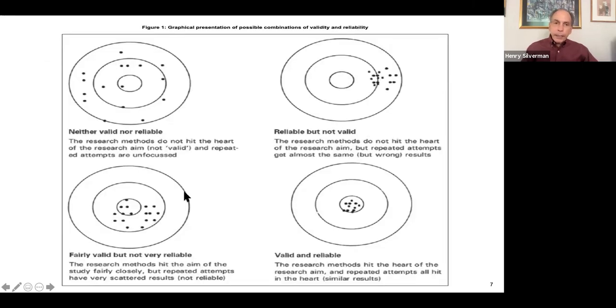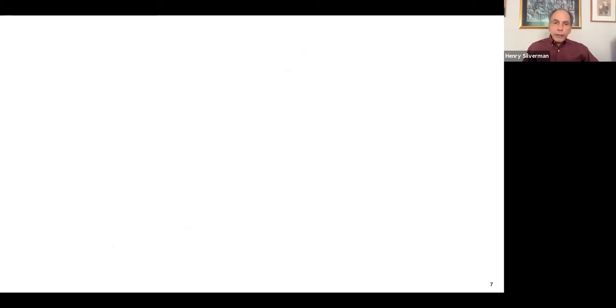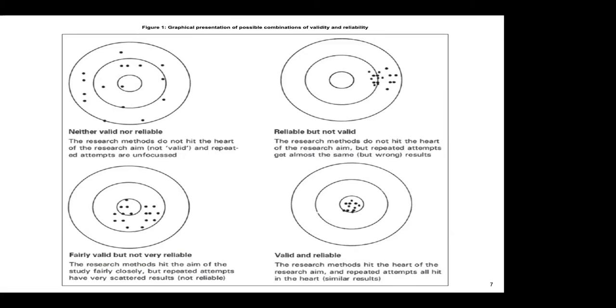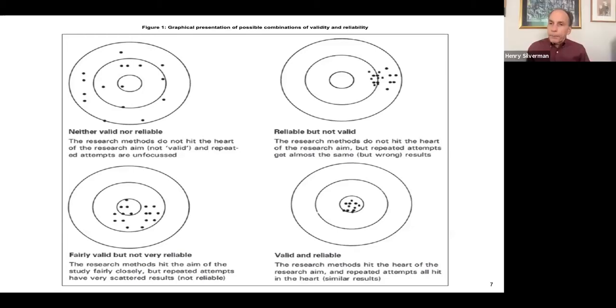Here, in the diagram on the lower left, you have a fairly valid questionnaire. It's almost hitting the target, but it's still not very reliable. And the last diagram on the bottom right, you have a questionnaire that's valid. It's hitting the target. You're measuring what you want to measure, and the responses are reliable, meaning that over a period of time, individuals will answer in the same way.